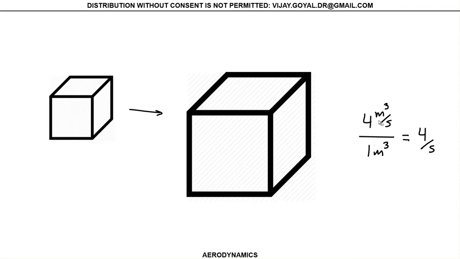So what you're really saying is the velocity at which this is moving, over a volume. If I take 1 meter cubed volume, and it moves at this rate of 4 meters cubed per second, that will basically equal 4 over s. This is the strain increment of your problem.